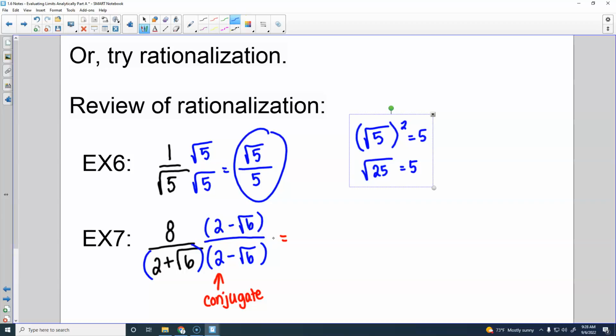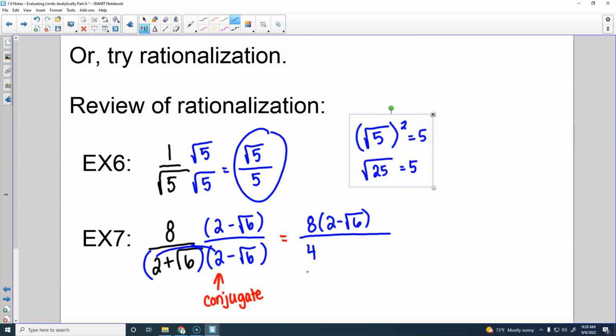So when we multiply by the conjugate, in the numerator, you've got 8 times 2 minus square root of 6. You can distribute that if you want, or you could leave it factored out. It really does not matter. In the denominator, though, we want to distribute here. So 2 times 2 would give us 4.